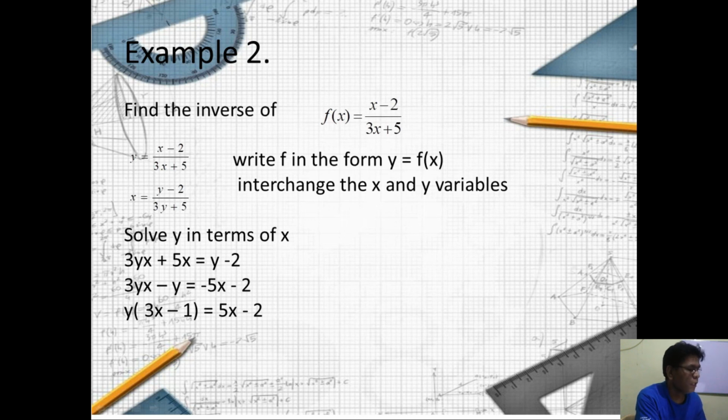It becomes y(3x - 1) = -5x - 2. Divide both sides by 3x - 1, and it becomes y = (-5x - 2)/(3x - 1), or f^-1(x) = (-5x - 2)/(3x - 1). Thank you.